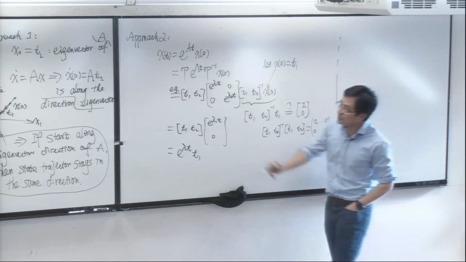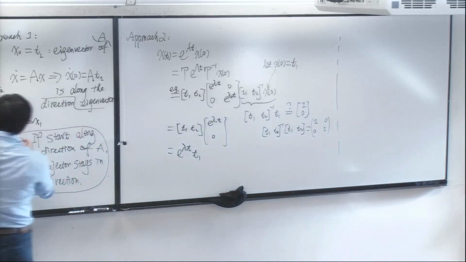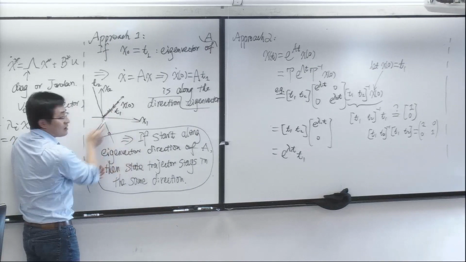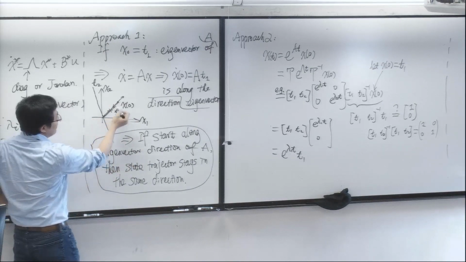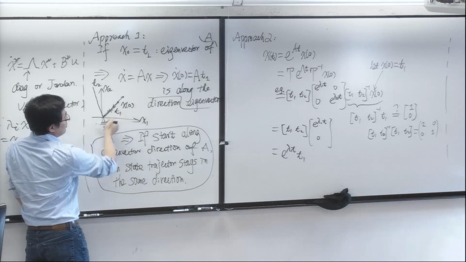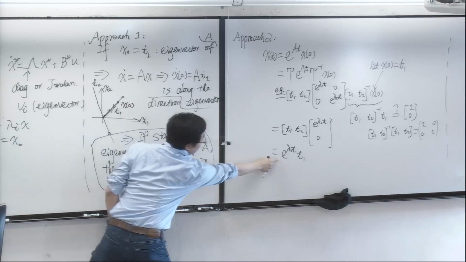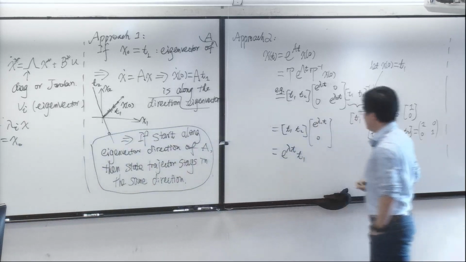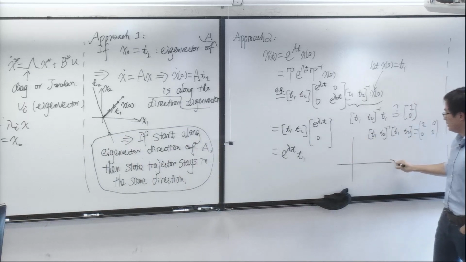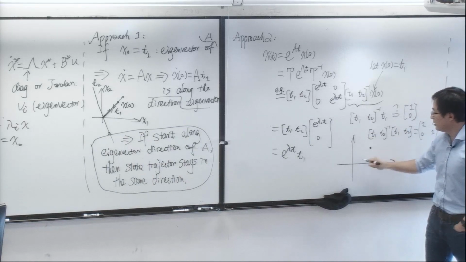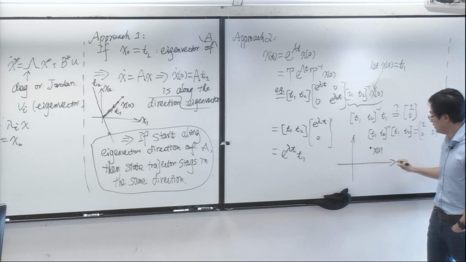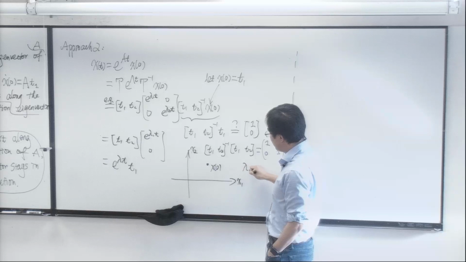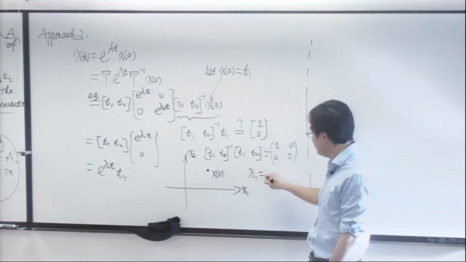Right. So let's say in this picture, if you start in this direction, then by now we see that it's going to stay in this direction. Now, it stays in this direction, but it moves around. So this value here is going to determine how fast it moves. Let's do one example. So let's say this is my initial x0. And let's say lambda1 is -1.